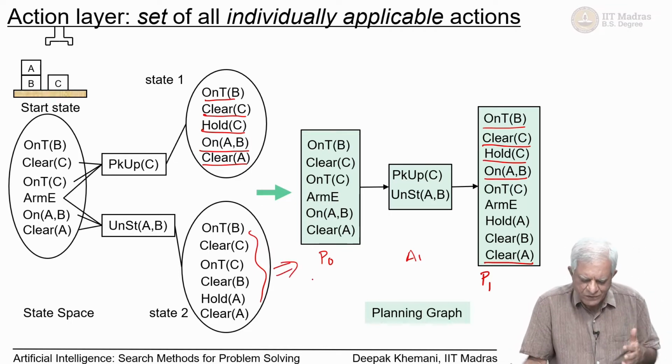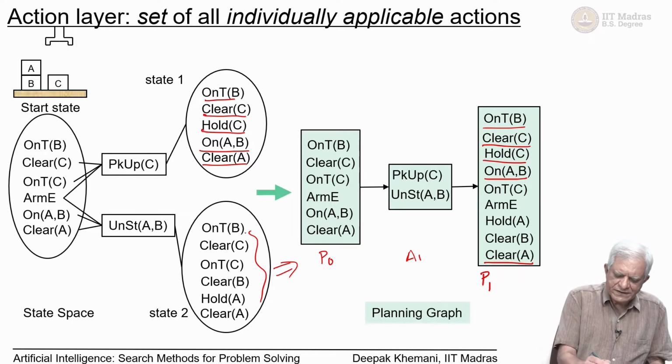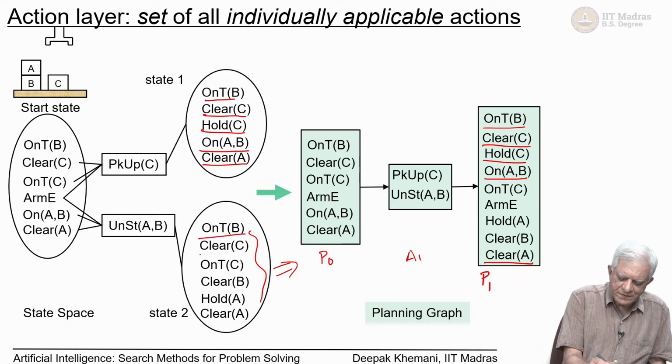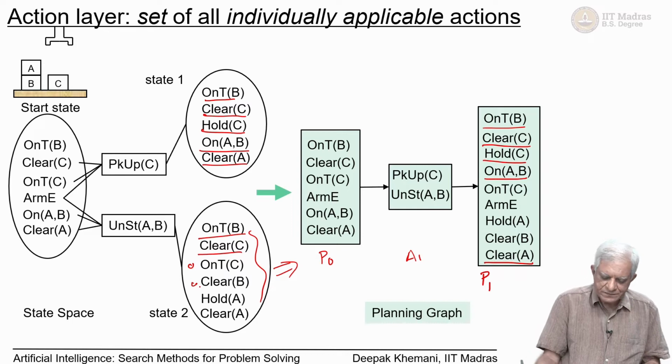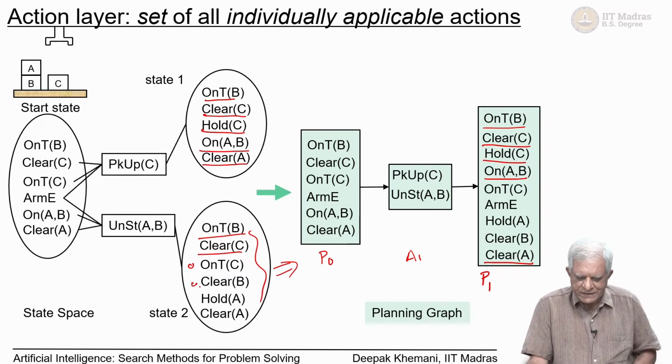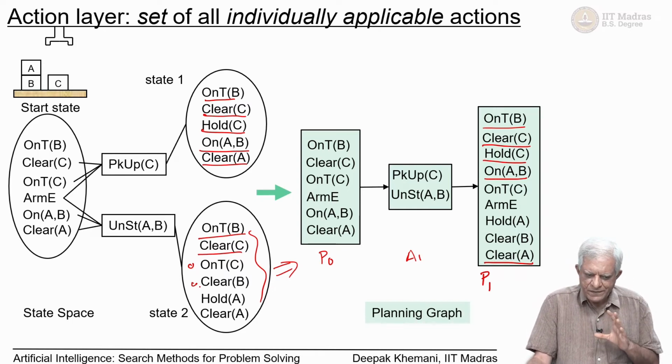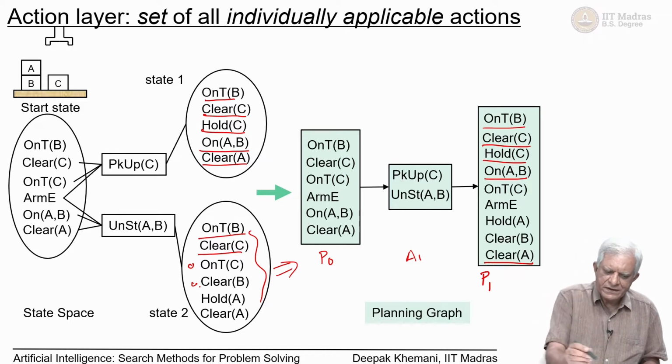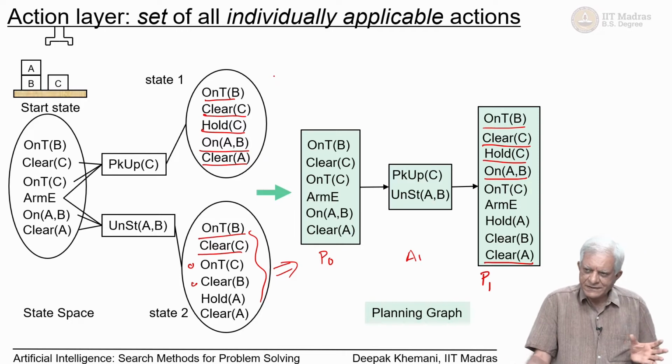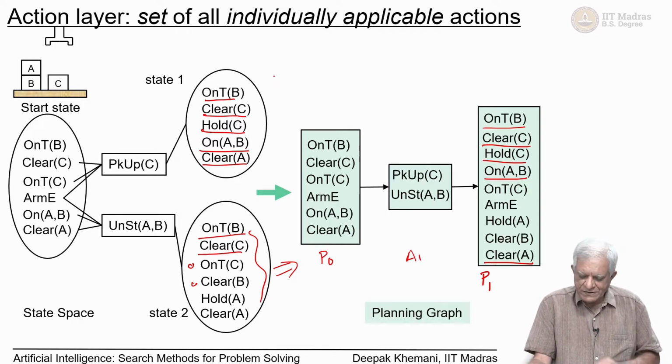So, it is a union of all things essentially. You can see that some of them are repeated here, on table, clear C, but this is new and so on essentially. So, this gives us an idea of how to construct these layers. You take all applicable actions and then collect together the effects of those actions.